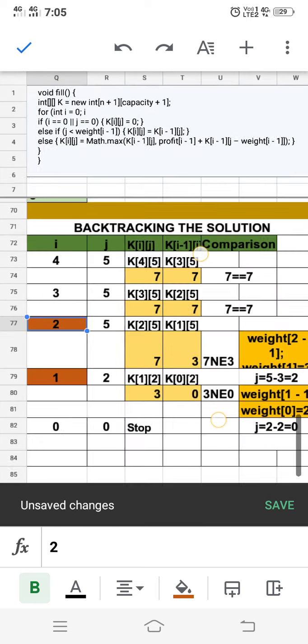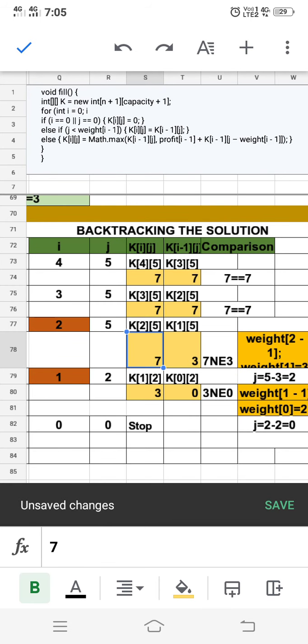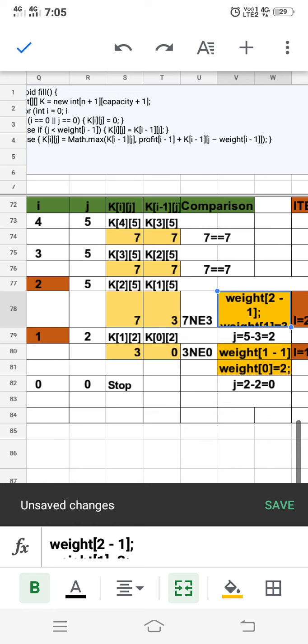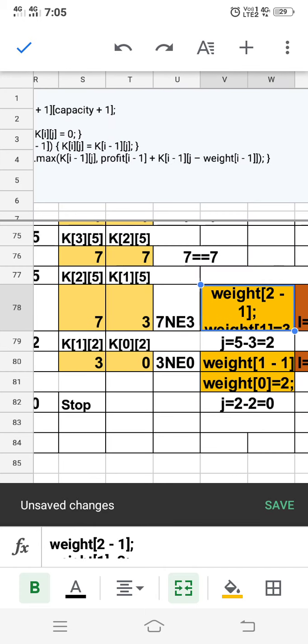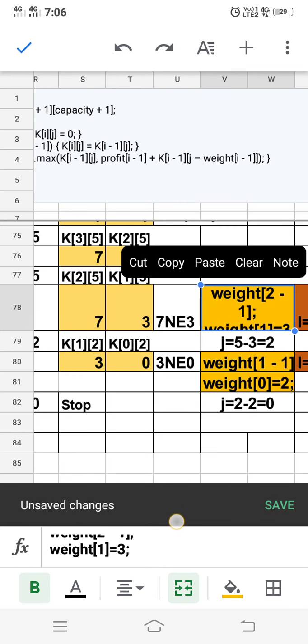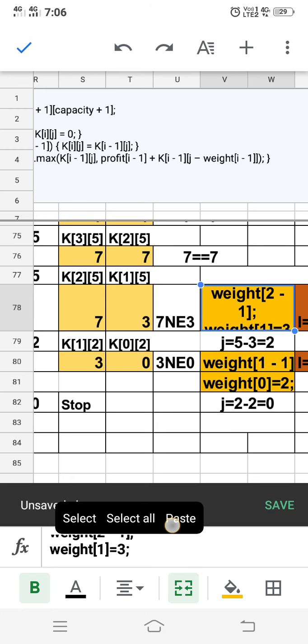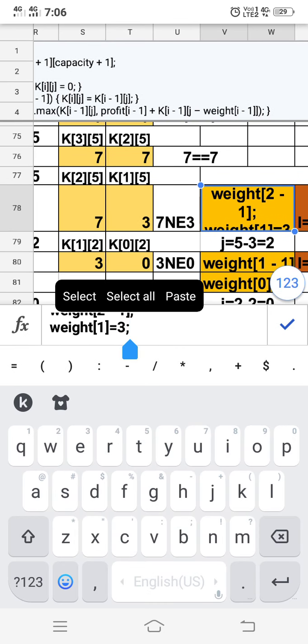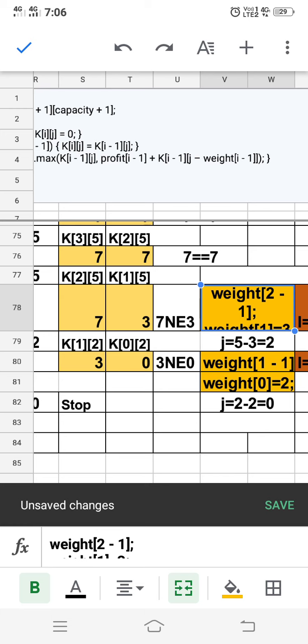Now at this index, k of 2, 5 and k of 1, 5, I have the profits 7 and 3, which are not equal. So in this case I am decrementing the j value, that is, j minus the weight of item 2, which is 3. I will get the next j value as 5 minus 3, which equals 2.